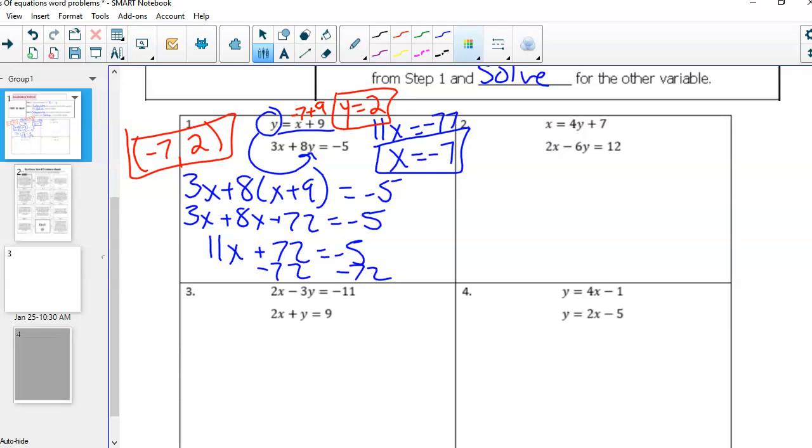We talked about solutions a while ago, like maybe at the beginning. We talked about that solutions are usually your answers and makes them right, things like that. Well, with our solution, because we have a system, we have more than one equation, these two numbers have to work for both in order to be a solution, or it doesn't work. So if I put in negative 7 for x and I put 2 in, I know that worked because we just saw that y is 2. If I put these two numbers in here, do we get negative 5?